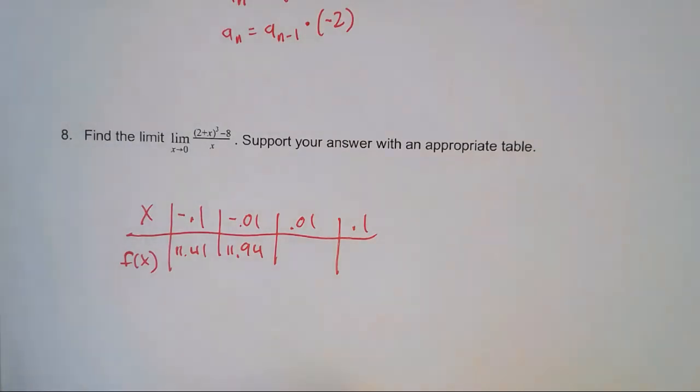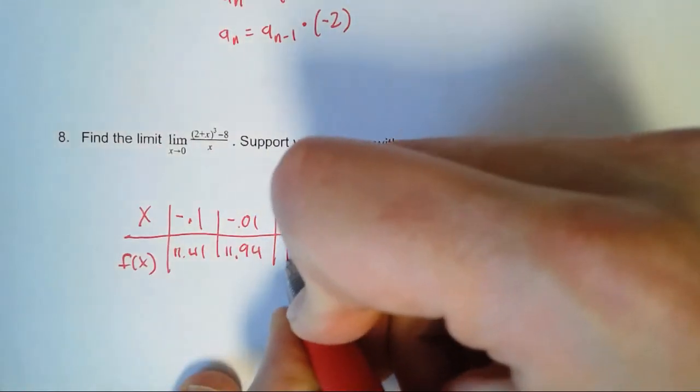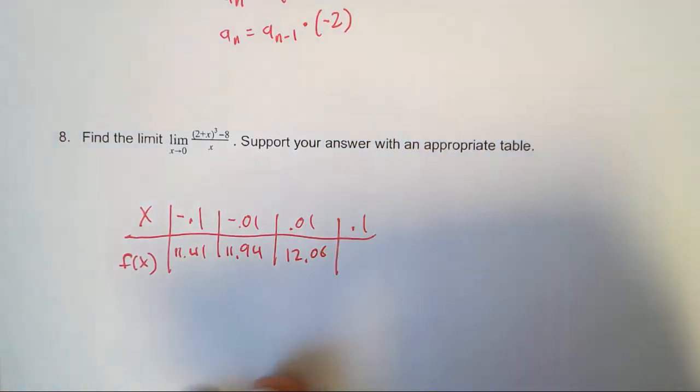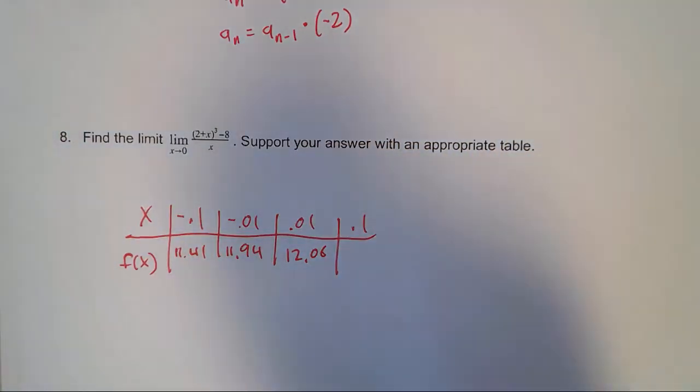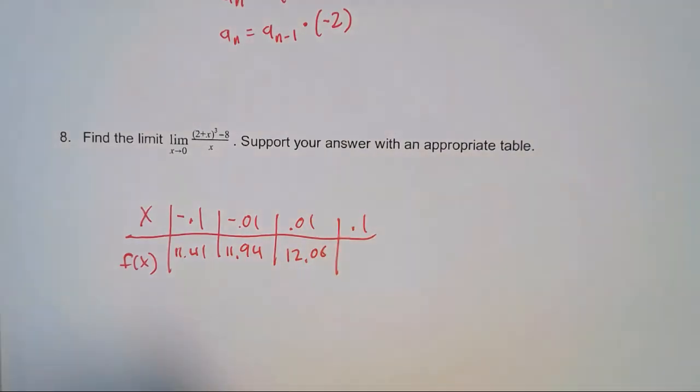Now, we'll do the same thing for positive 0.01, and we get 12.06. Now, hopefully, you're starting to see that we're getting close to something, but just for clarity, we'll plug in positive 0.1.